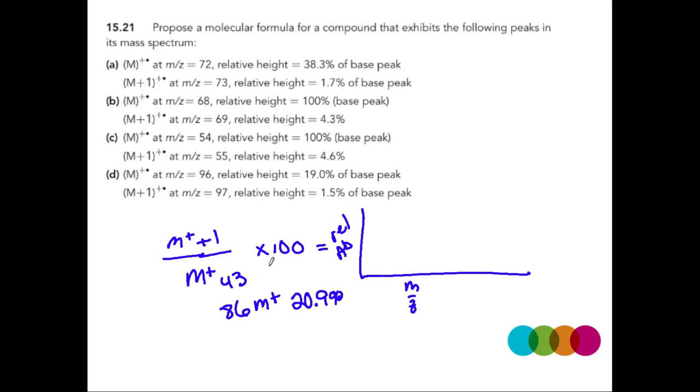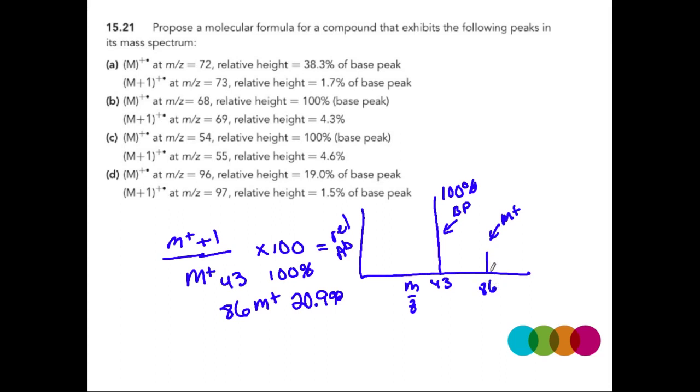That's going to be 100%. My molecular ion peak is only about 20% as tall as the base peak, so it has a relative abundance of 20.9. So at 43, I have the tallest peak in the spectrum. Then at 86, I have one that is 20.9% as tall as this one. This is my base peak here, and this is my molecular ion peak, or my M+ peak, and it is at 86.